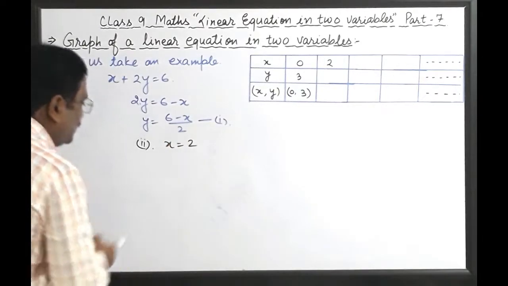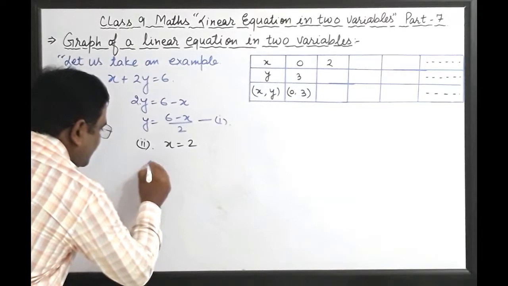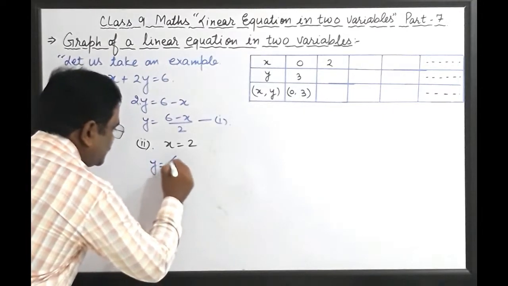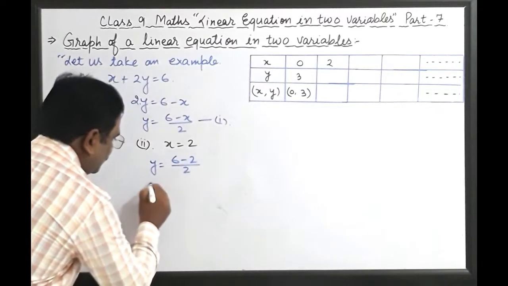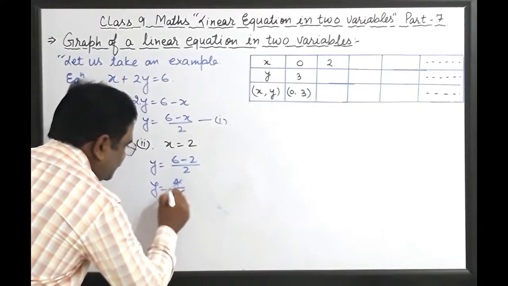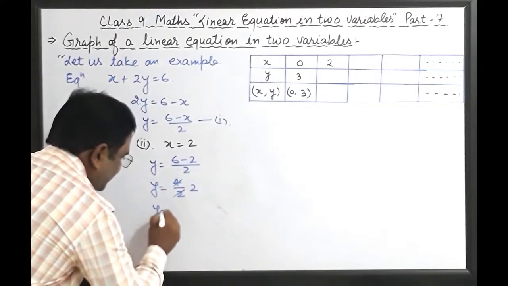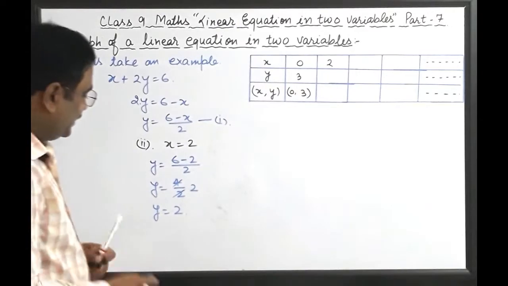So your equation is y is equals to 6 minus x upon 2, and the value of x we have taken 2. So y is equals to 4 upon 2, which gives you 2. y की वैल्यू मिले हमें 2.